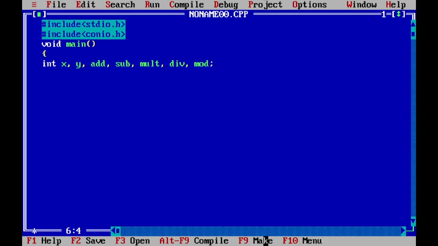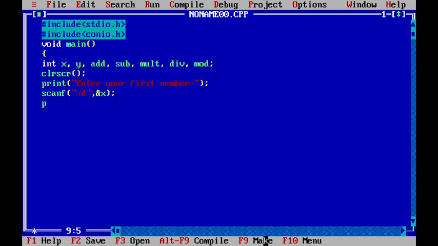Now we want to clear the previous output screen by using the keyword clrscr, then printf "Enter your first number", then scanf %d and x.